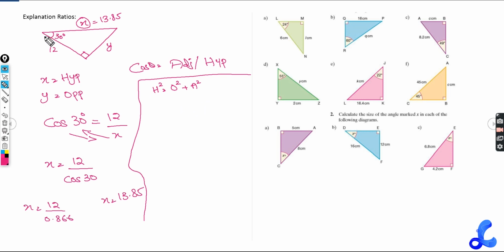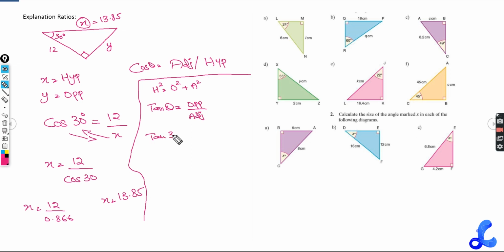So let's then again take 12, which is our adjacent, and what we need to find out is opposite over here. So what formula is there, or what ratio do we have where opposite and adjacent come in the same formula? We have tan. So tan angle equals opposite over adjacent.